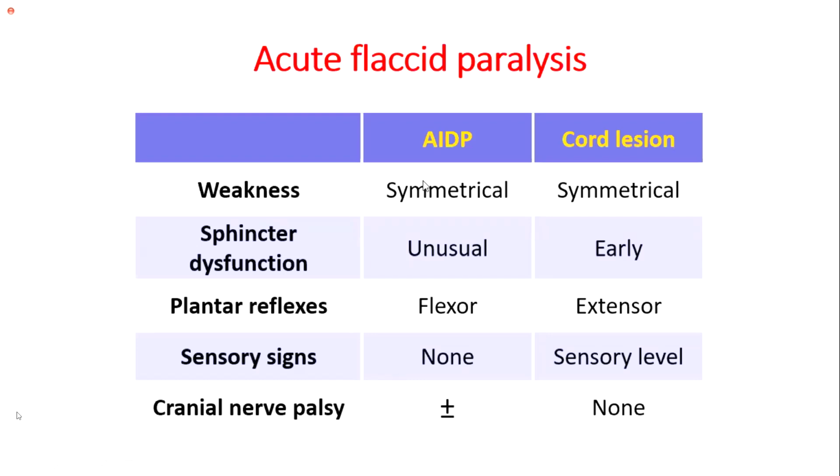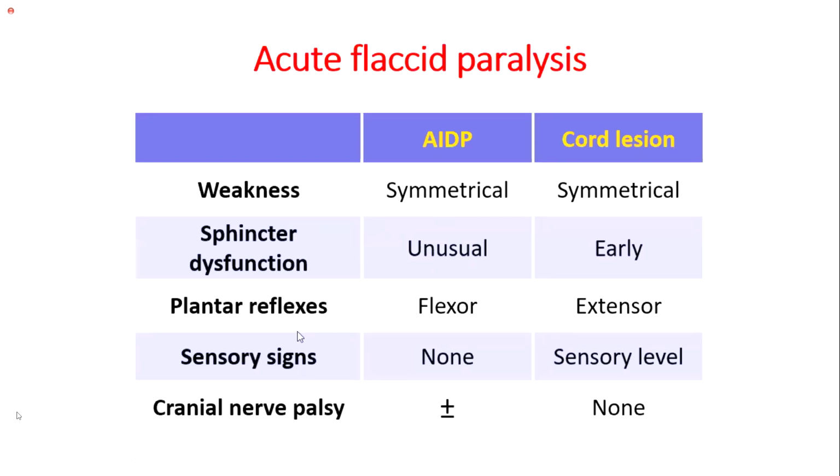Sphincter dysfunction: you remember in the lecture I did on compressive myelopathy, I told you the BBS is affected, the bladder, bowel and sexual functions, and that is affected early because all the ascending and descending tracts across the spinal cord are affected. Whereas in AIDP, which is a peripheral condition that affects the nerve roots, as the name implies, acute inflammatory demyelinating polyradiculoneuropathy, sphincter dysfunction is unusual.